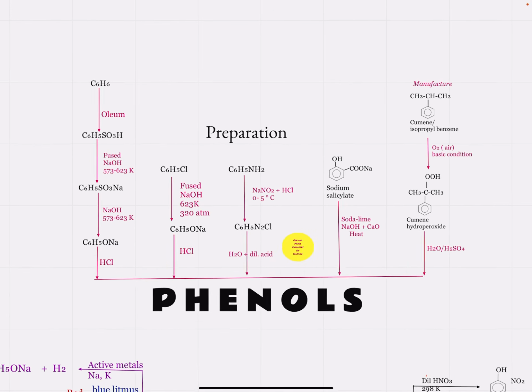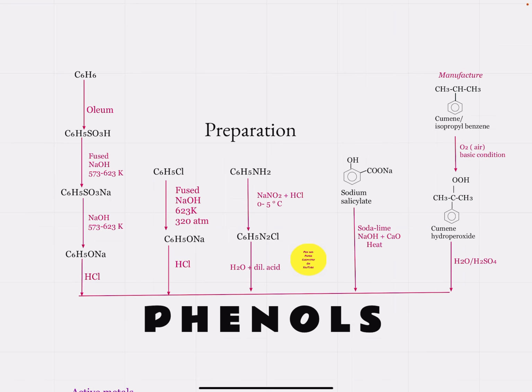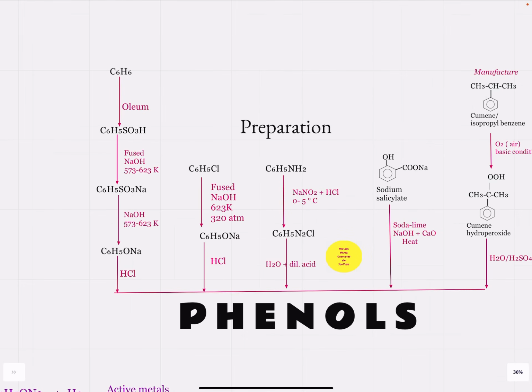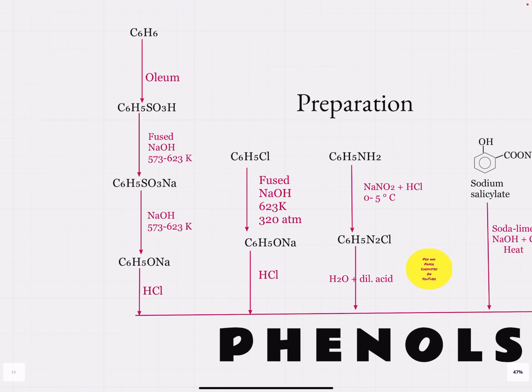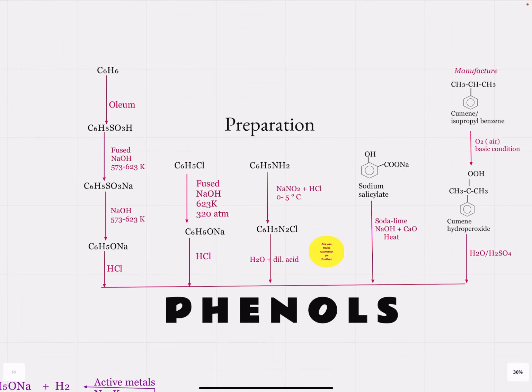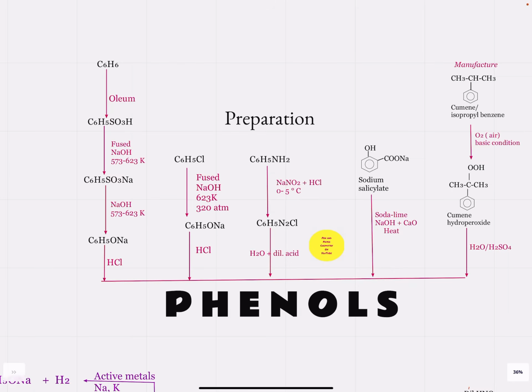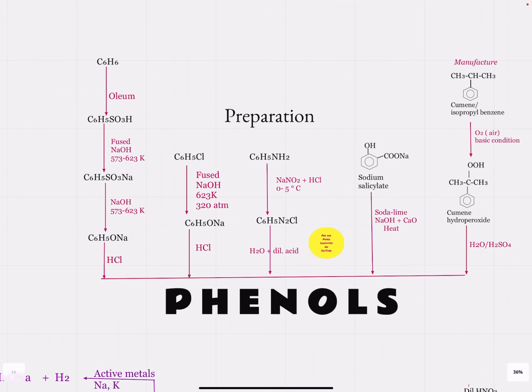So the first part in this flowchart is the preparation of phenols. And as you can very clearly see, the arrows are pointing from the compound to phenols. So these are all various methods of preparation. Don't forget the reaction conditions. They are very important, although we shall be discussing them in greater detail.